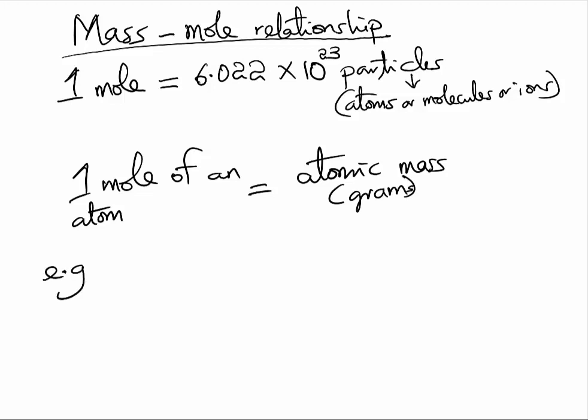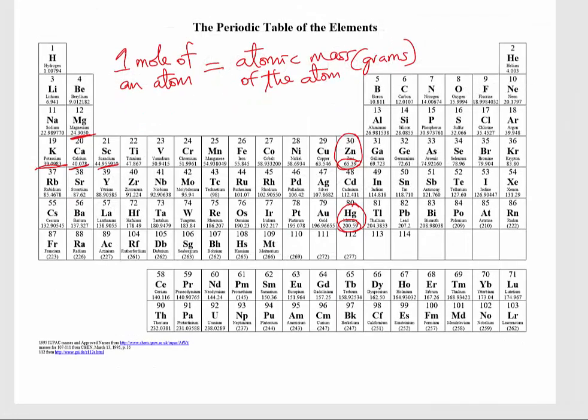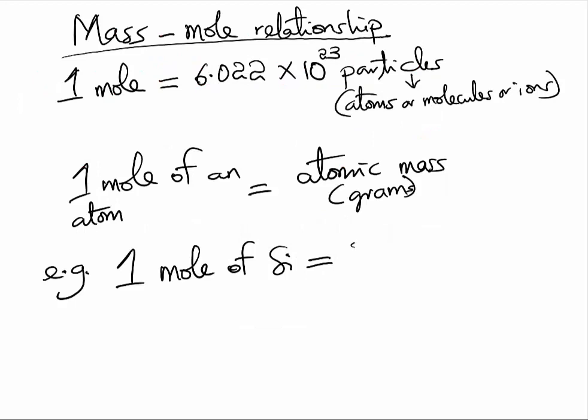And examples will be, if I ask you to give me 1 mole of silicon, what I am saying is that take a look at silicon and give me about 28.09 grams. Now, I'm using 2 decimal places here because that is usually how we round the atomic masses in the periodic table.